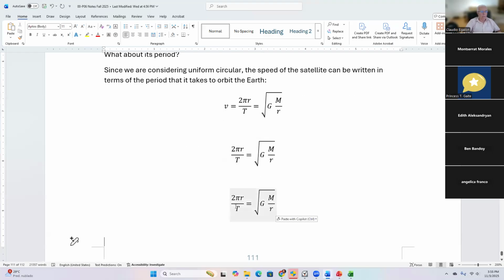When we take the inverse, T over 2 pi r equals r over GM, right? We're taking the inverse of both sides. That's what we're doing. Like that.